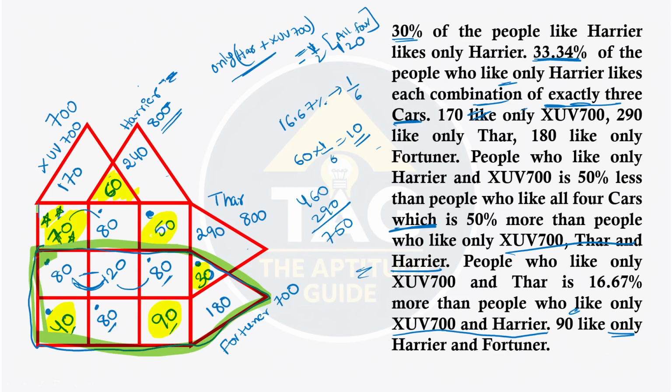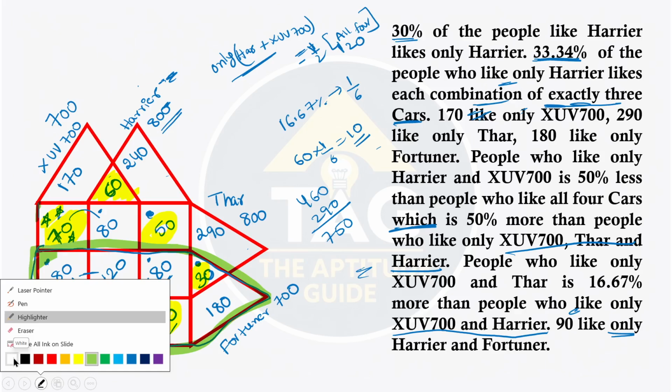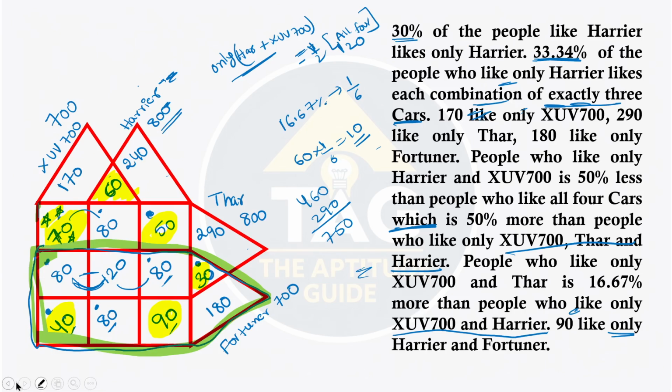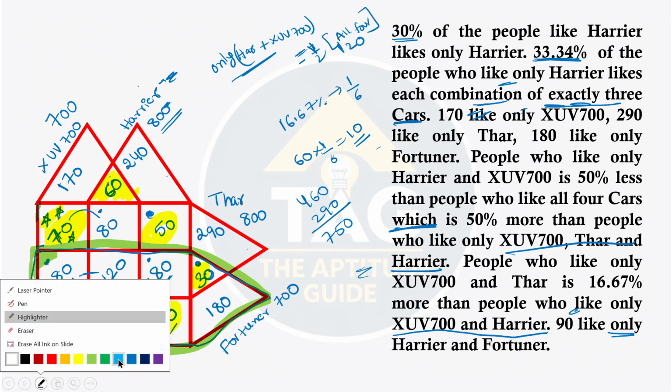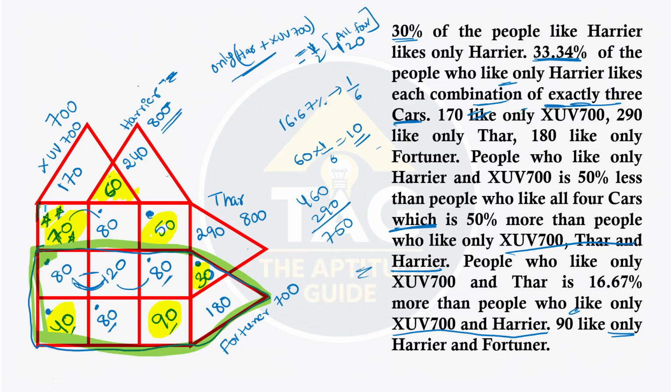XUV 700 and Thar, what is the common area for these two? This is the common area for XUV 700 and Thar.